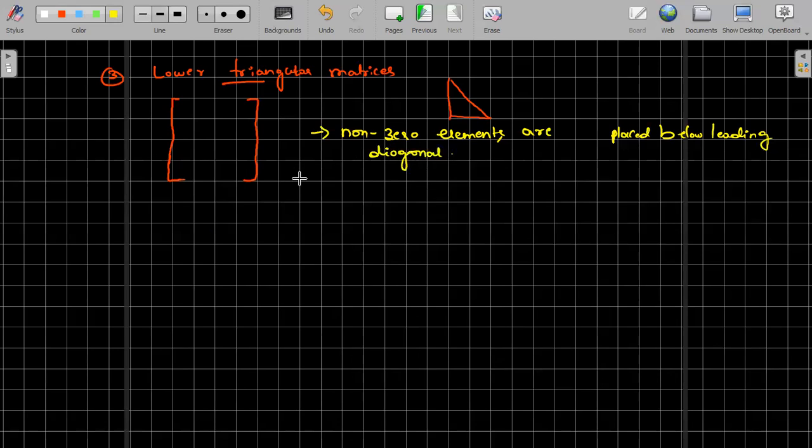So this one you have to understand here. What exactly does it indicate?